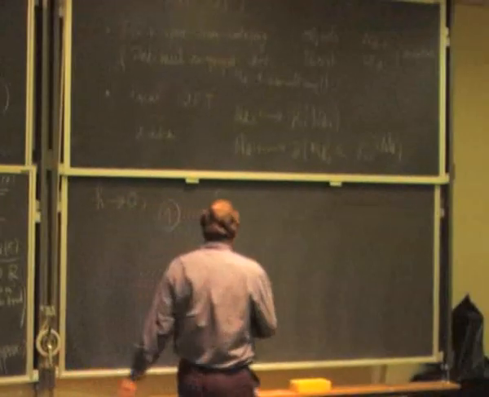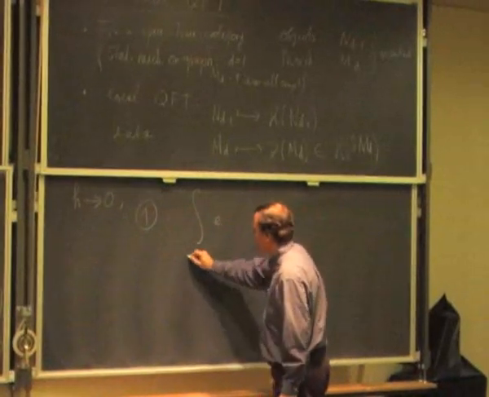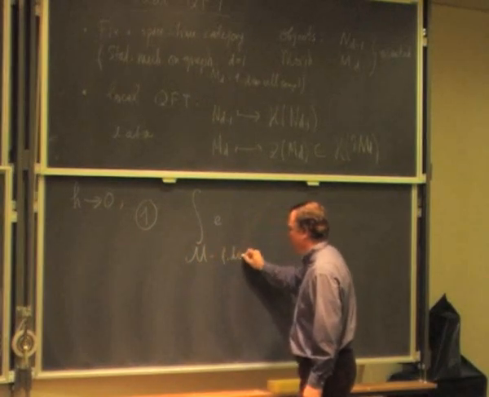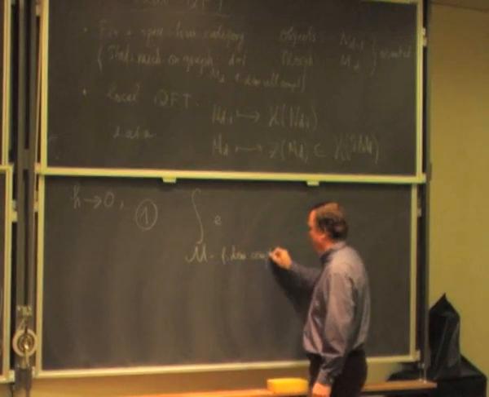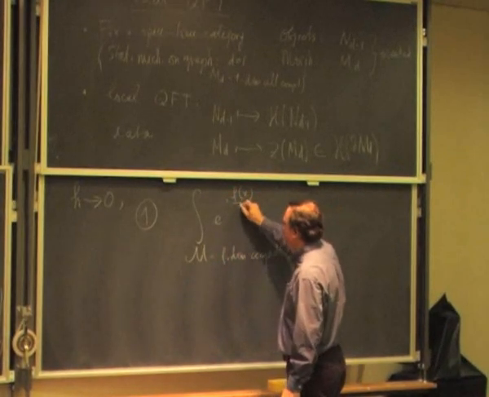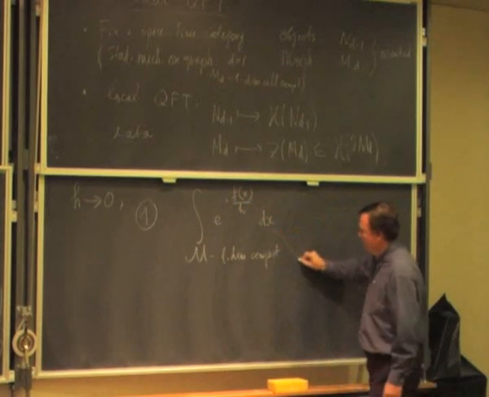But even if there is no gauge action, if we have some kind of finite dimensional compact manifold, we have some function f of x over h. Let's assume that we have some volume form.